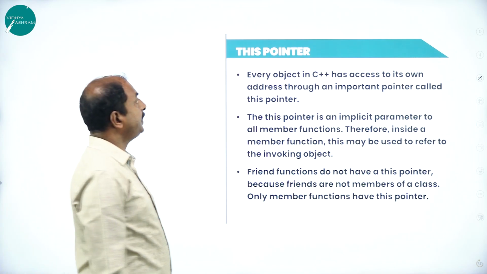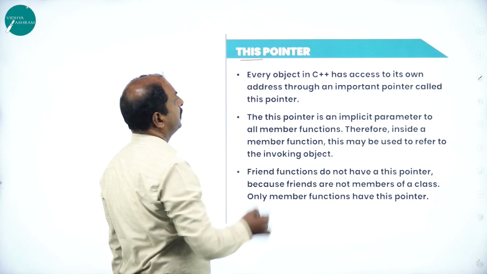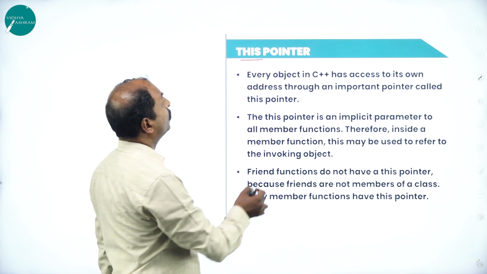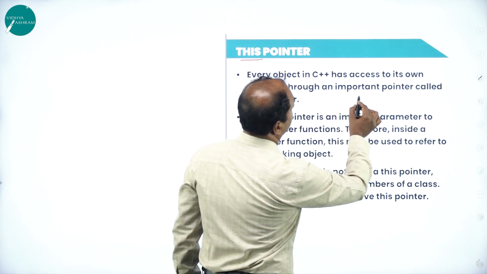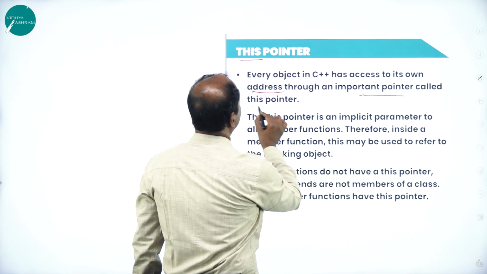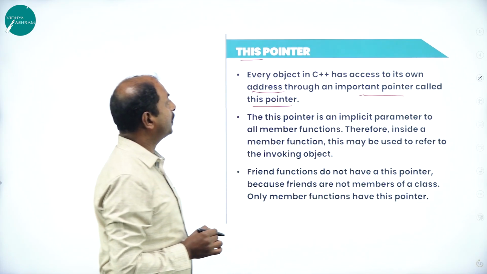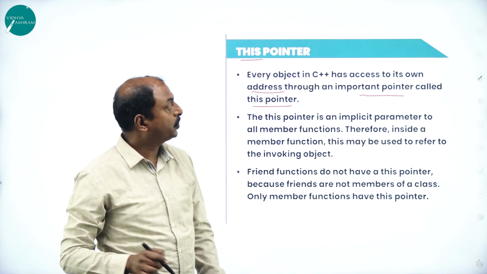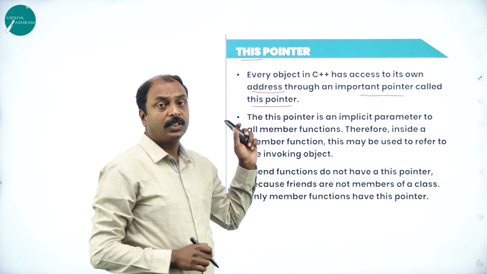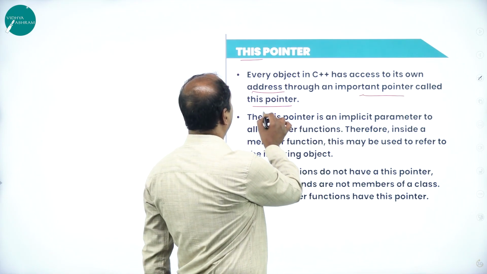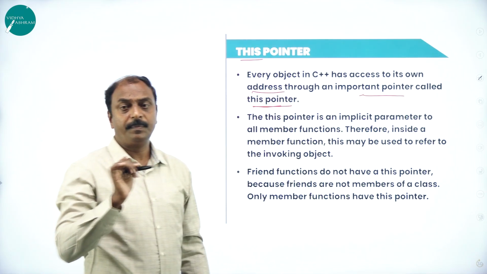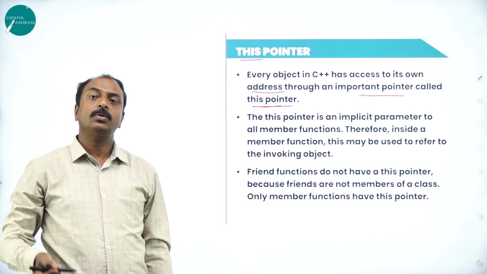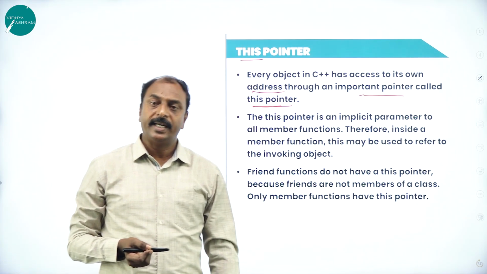Next definition is the this pointer. Every object in C++ has access to its own address through an important pointer called the this pointer. Now we know what an object is, and each object has access to its own address through another pointer called the this pointer. I repeat once again, any object of a class has its own address.